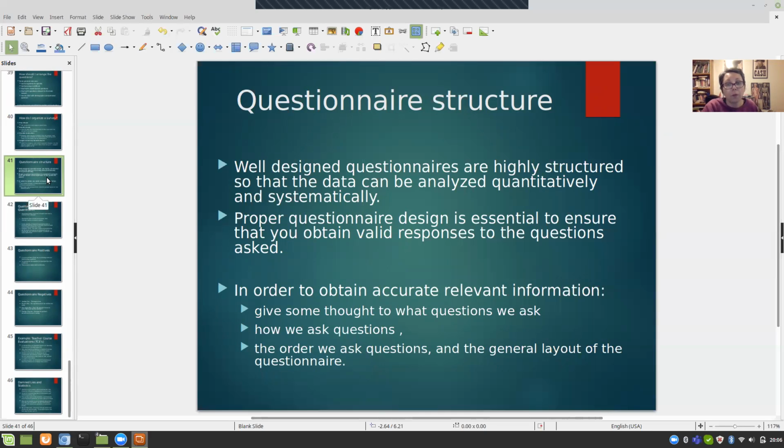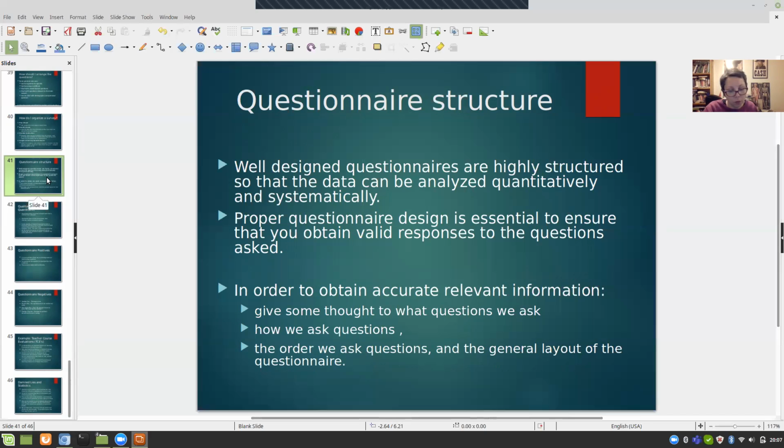And so we spend a lot of time giving thought to the questions we ask, how we ask the questions, right? How they're framed, what language we use, and the order that we ask the questions. That's something that is not always obvious, but it's really important, for example, to start with easy general questions, demographic questions, and then move on as you go through the survey to those more specific questions, more questions that people may need to think about a little bit more.